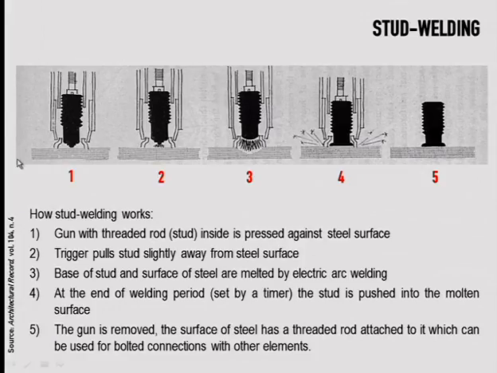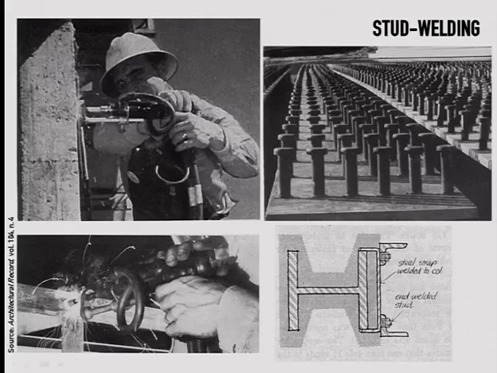So you get your steel plate nice and clean, and you get this thread and rod. This gun actually generates this welding between the two so that you can attach another element onto it. That's pretty helpful for several types of connections, such as this one.